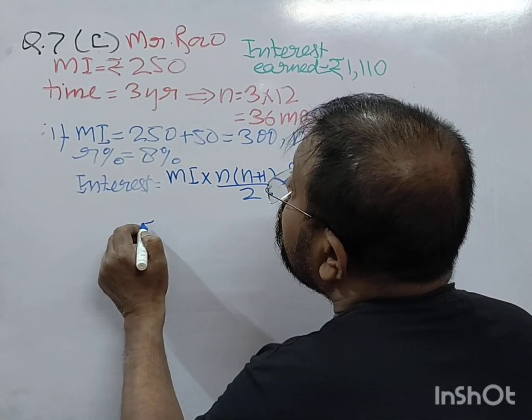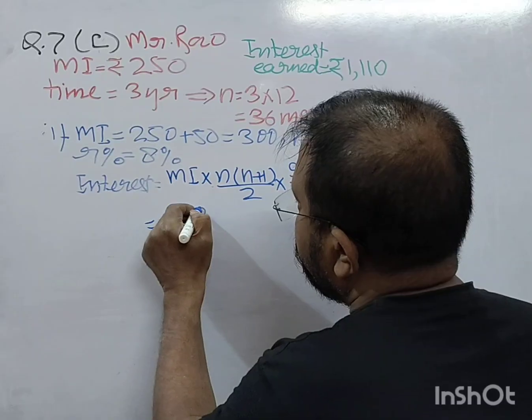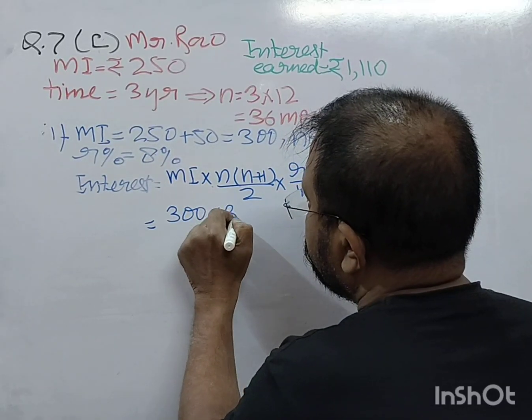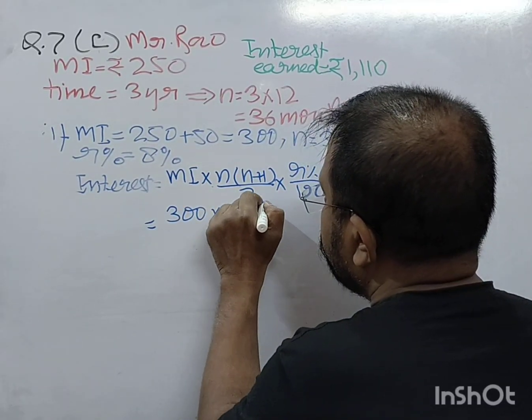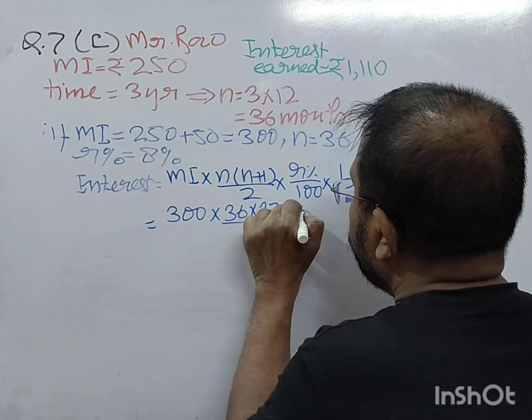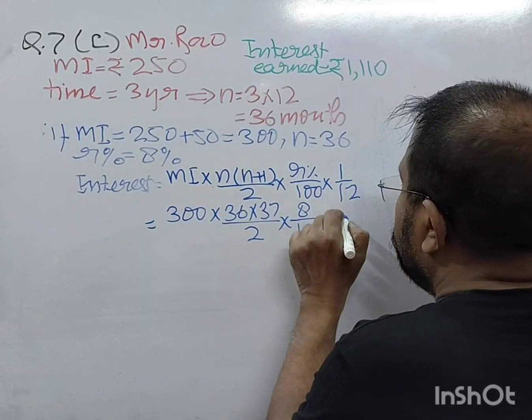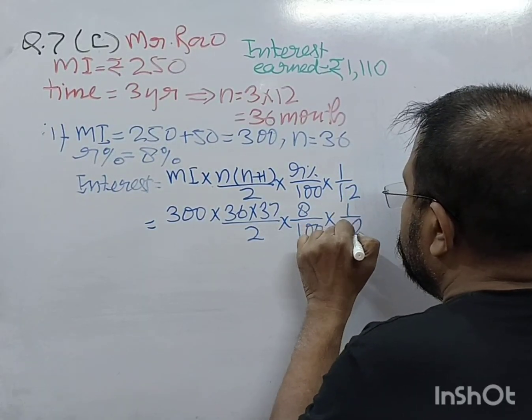So now this becomes 300 into 36 into 37 upon 2 into 8 upon 100 into 1 upon 12.